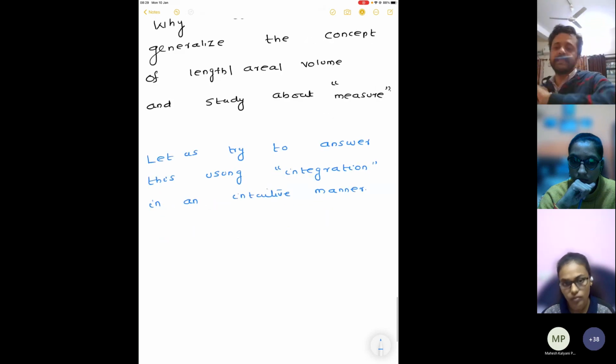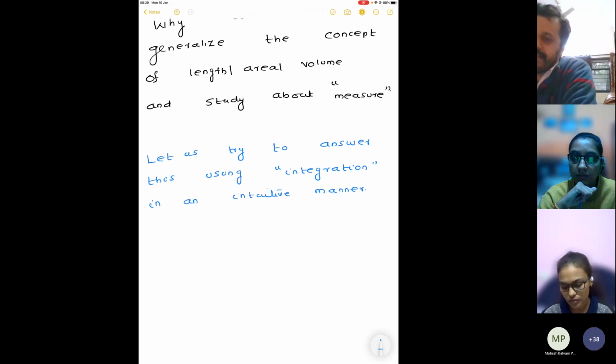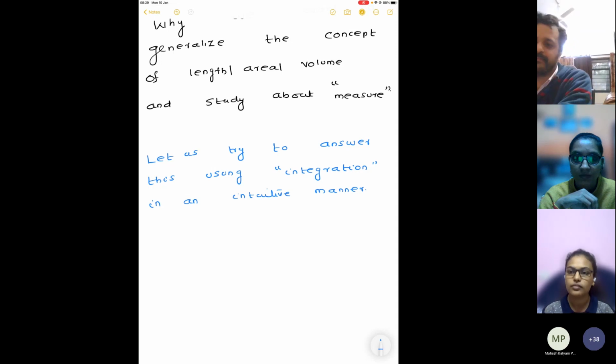Okay, so let us try to review our idea of integration, an overview. I think most of us, at least in the beginning, had a common misconception that integration is antiderivative. Yes or no?